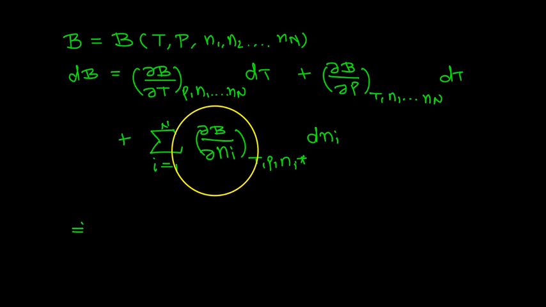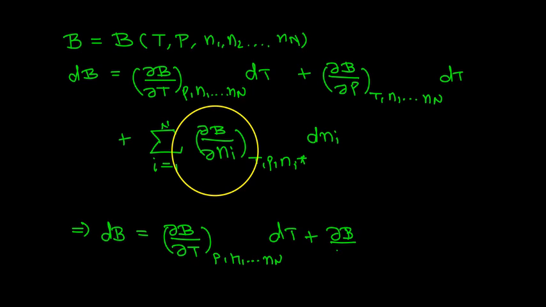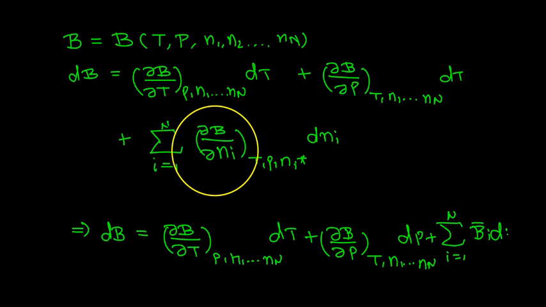So therefore I can write dB equals del B by del T at constant P, N1 to capital N dT, plus del B by del P at constant T, N1 to capital N dP, plus summation for an n component system going from i equals 1 to n of Bi bar dNi, where Bi bar is my partial molar property.